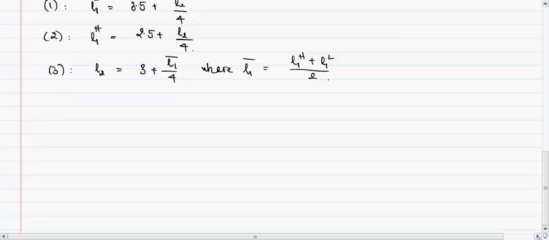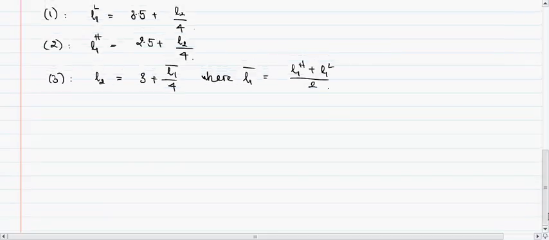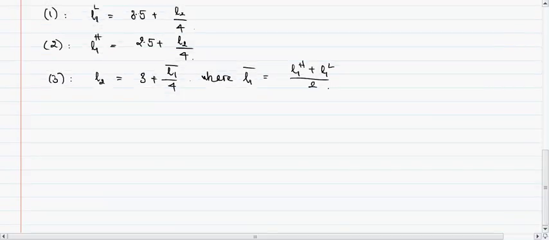So what I would like to do over here is to substitute L1H and L1L into the third equation. I'll expand the third one first.